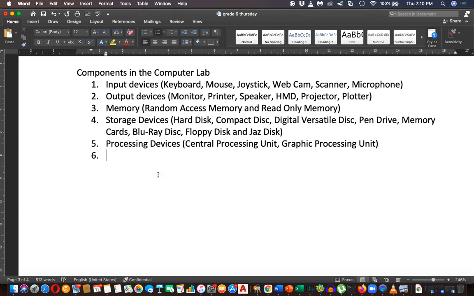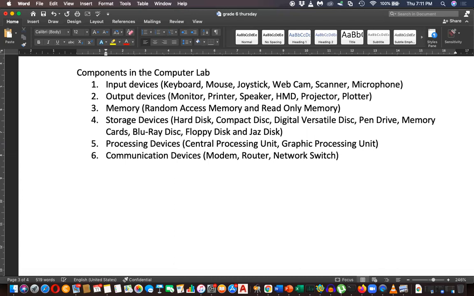Input devices, output devices, memory, storage, processing devices, and the last one is communication devices. You have those things in the lab: modem, router, switch. Those are communication devices in the lab.